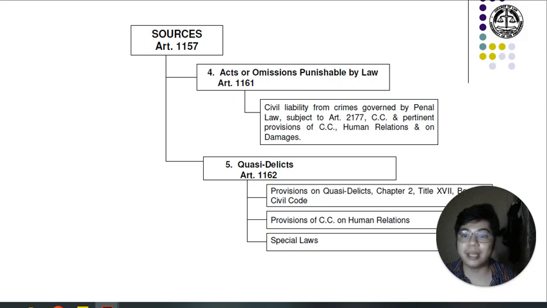So, since si B is away, there is no one to fend for the animals of B. So si A, gi-allow niyang animals of B to go over his bundok. So as a result, the animals grazed on the bundok of A. So A now is called the voluntary manager or the gestor.